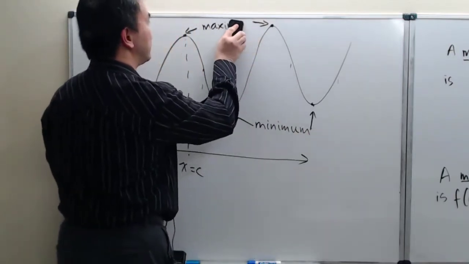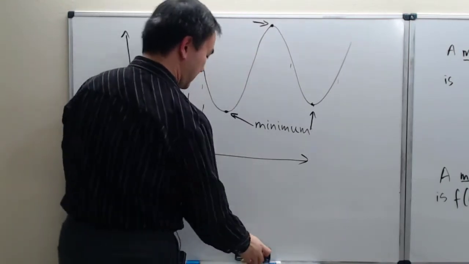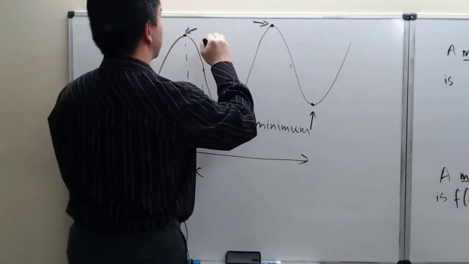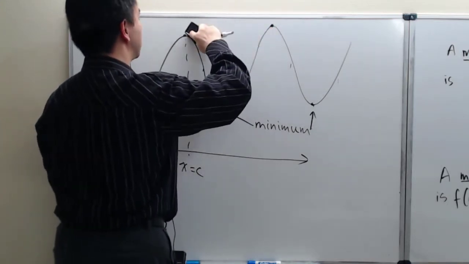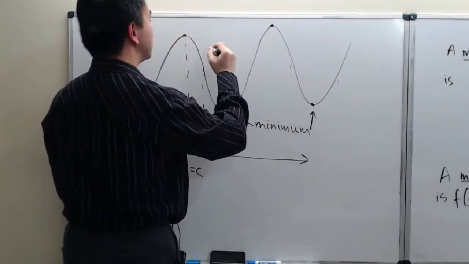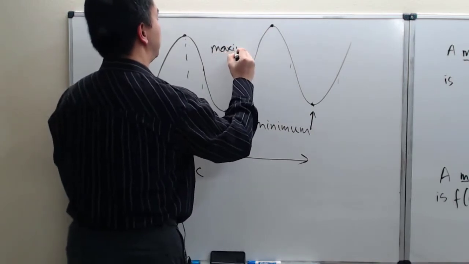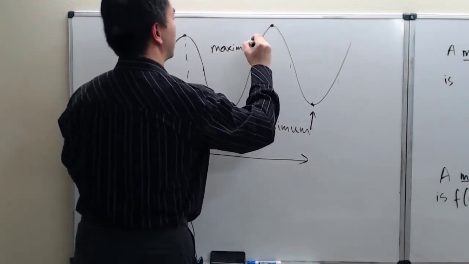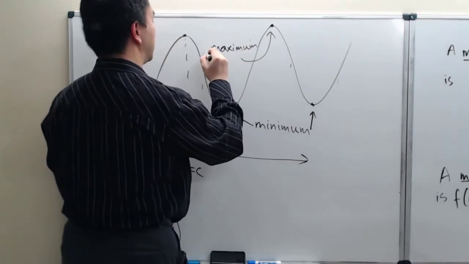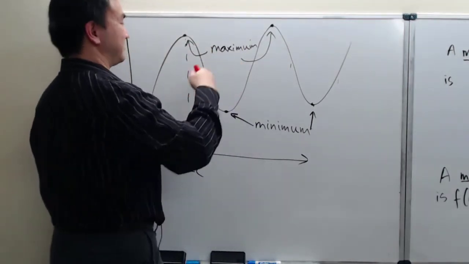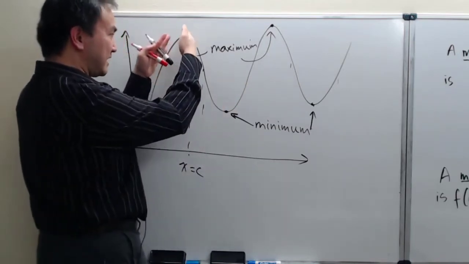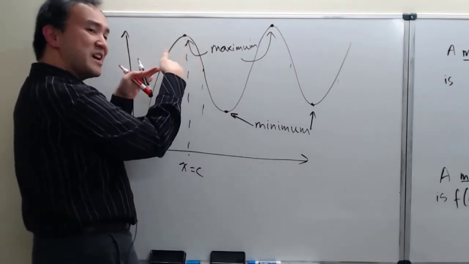But now here's the term. I might have to rewrite this word because I need to add in another word here. So we have a maximum here and here. But as I said, these maximums are only maximum in their own area nearby.